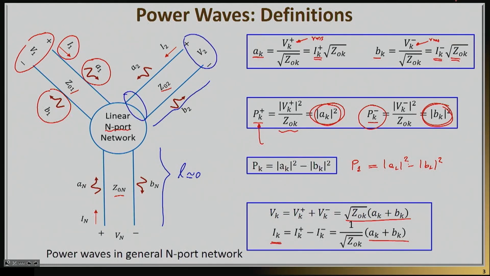In that case, you do need to shift the planes at which you define those voltages. This is something we will not cover in this class. In other words, we're not going to cover shifting of the planes. But the good thing is that there is such a thing that can happen. For right now, simply assume that the physical length or electrical length is practically 0, and so the network is small compared to the wavelength.